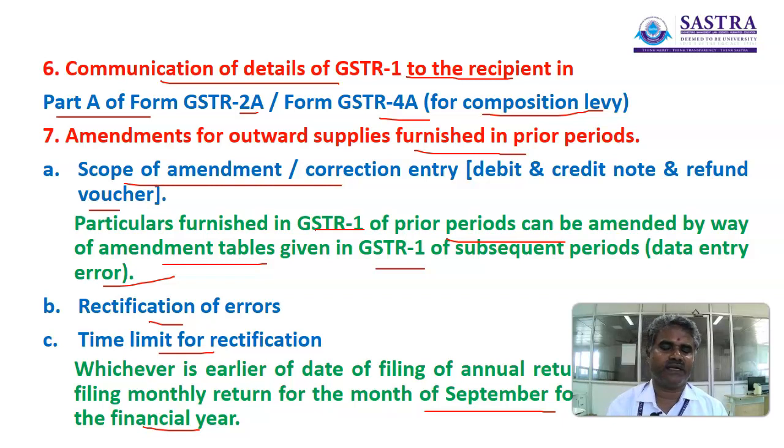So the due date of filing the return is December, not January, April to May, but the due date of the annual return is 31st December, or 30th September of the following year, whichever is earlier. So obviously 31st December will come.